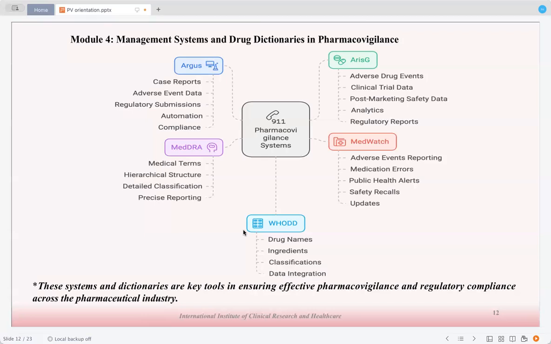The WHO-DD ensures uniformity in drug safety reporting across different systems, countries, and studies, enabling more effective cross-comparison of data globally. So these systems and dictionaries are the key tools in ensuring effective pharmacovigilance and regulatory compliance across the pharmaceutical industry.